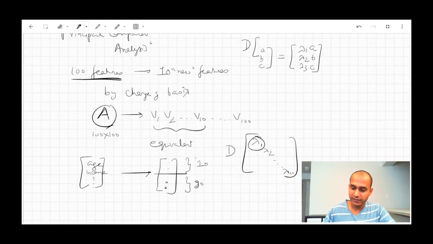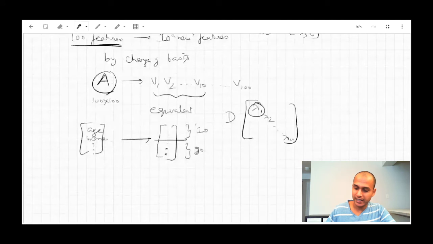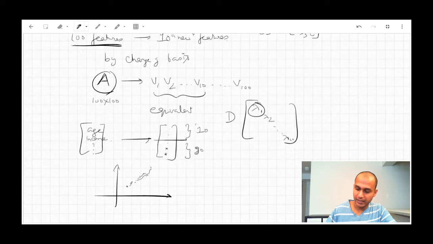So this is a way to think of why change of basis helps: in the changed basis you can remove some coordinates of your new feature vectors. Think of the original data points lying like this, maybe points over here. Instead of representing each point in two dimensions, with age and income, you change basis.